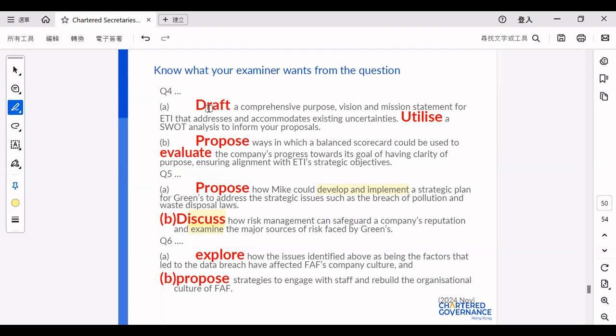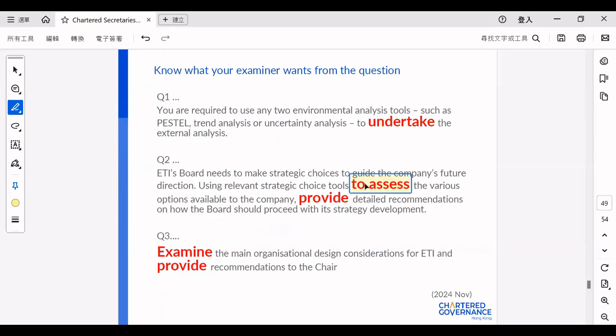So when you finish your work, you ask yourself, have I drafted that thing? Have I utilized the SWOT analysis to do the thing? Have I assessed the thing? Have I given a recommendation? So this actually gives you a checklist as well, a checklist that helps you see if you have actually answered the questions.